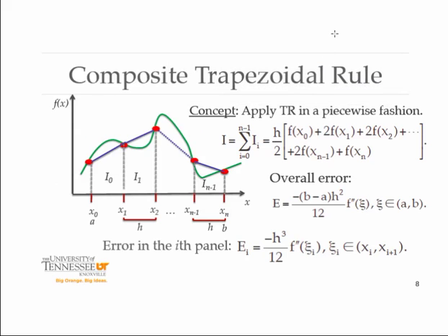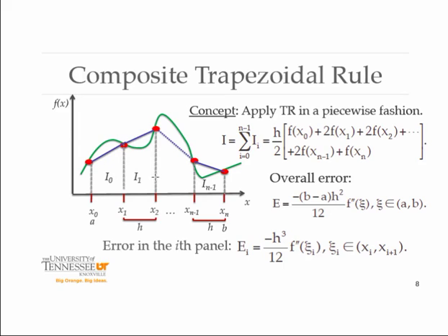So you can take this process and break your problem into many subintervals. If you did that, it has a name. It's called the Composite Trapezoidal Rule. In other words, instead of just going from a to b with one linear interpolant, we will use several linear interpolants.